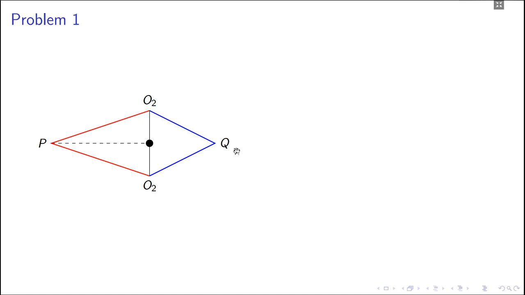From this you join P, from this you join Q. So in this isosceles triangle, this is the median, but since it's isosceles, the median will be a perpendicular bisector. So this angle is pi by 2. Similarly, here it's isosceles, so this angle is pi by 2. That means this is a straight line. So this straight line bisects this straight line. And so that was what you had to prove.